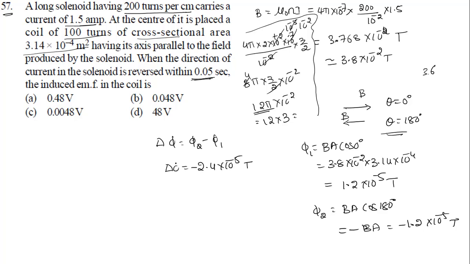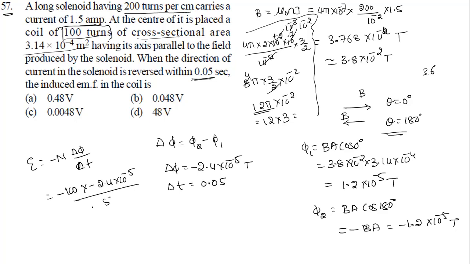So we got the change in flux. Change in time is given as 0.05. The number of turns is given. So induced EMF is equal to minus n times delta phi by delta t. So it is minus 100 number of turns, 100 into minus 2.4 into 10 power minus 5 divided by 0.05.